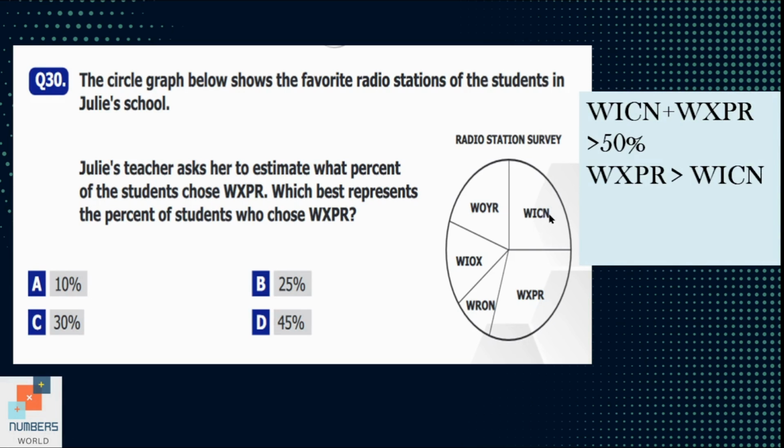If WICN is 25% of the whole circle, then of course WXPR will be approximately 30% because out of all the options, obviously option A and D are incorrect, and option B is good for WICN, but for WXPR, option C is the appropriate one.